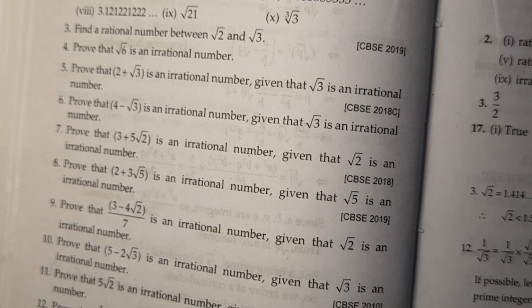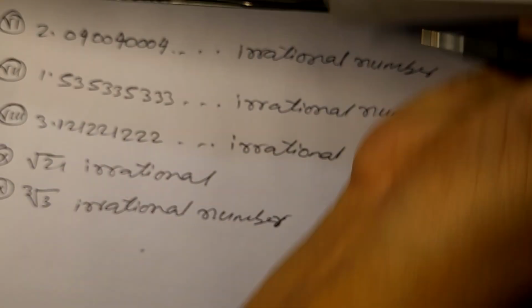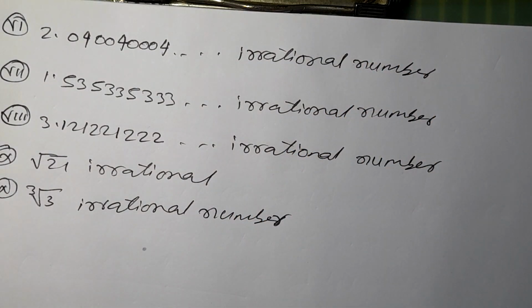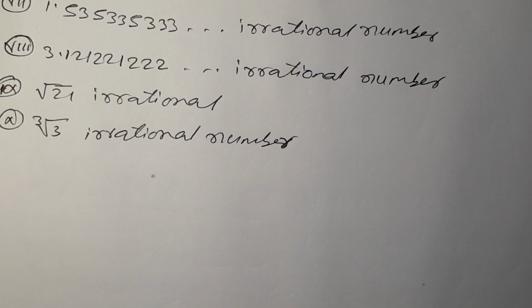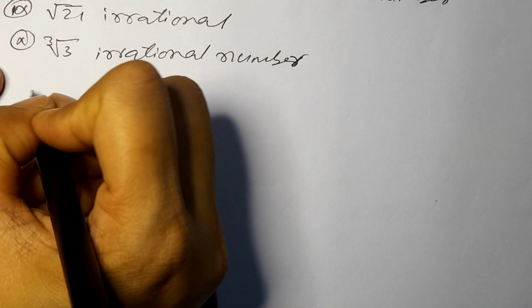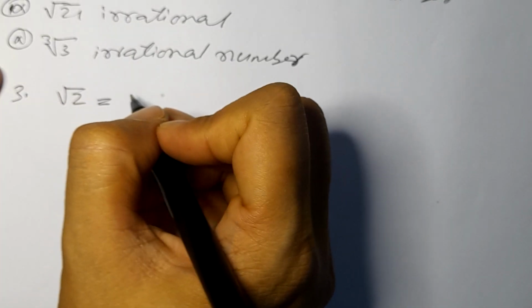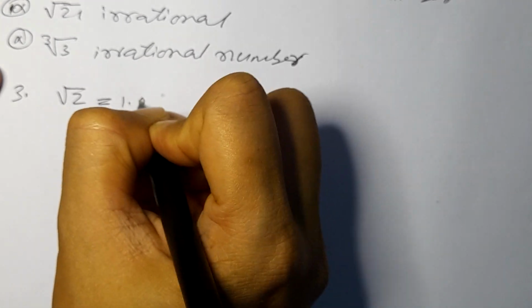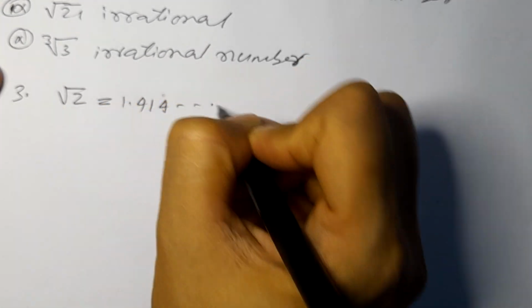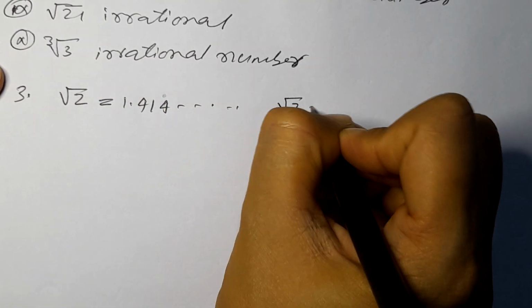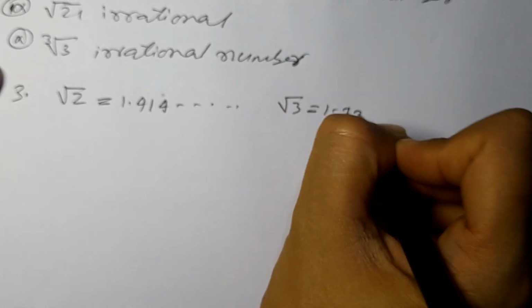And in the middle of the values of root 2 and root 3, we have to find a rational number. What is the value of root 2 and root 3? Root 2 is 1.414, it will go up to infinity, and root 3 is 1.732.